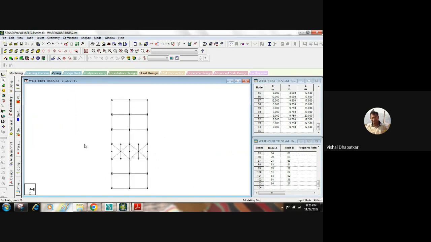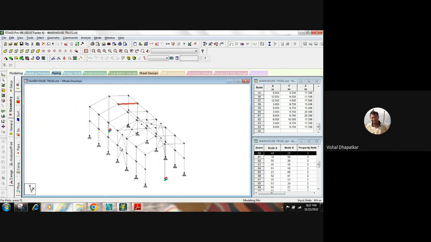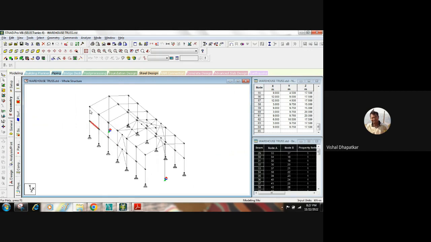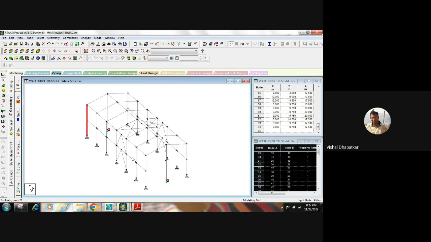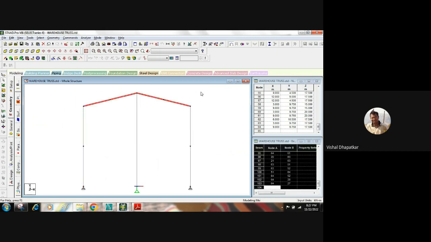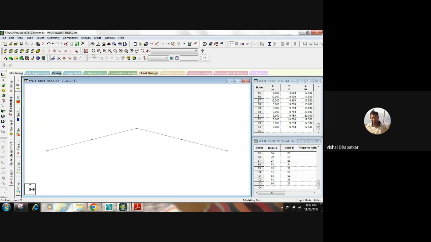Okay, this is one set of bracing we have added. Then if required, if this rafter is failing due to the moment or due to the actual load, then we can just add a member here so that its effective length will get reduced. Similar to the elevation, where we just added a bracing and a tie member so that the length of all the columns got divided into half and its slenderness also got reduced.